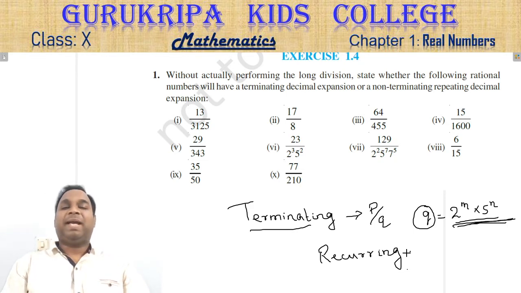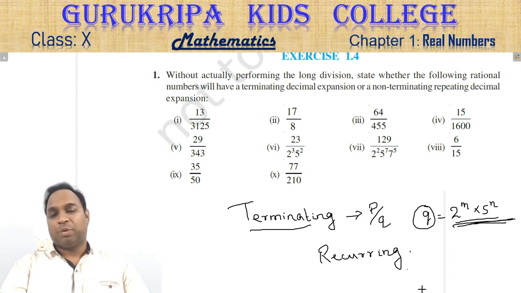Now, in this question number 1, read the question. Without actually performing the long division, state whether the following rational numbers will have a terminating decimal expansion or a non-terminating decimal expansion. So how will we check this?